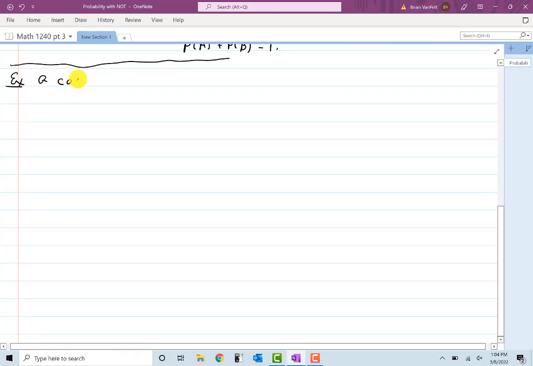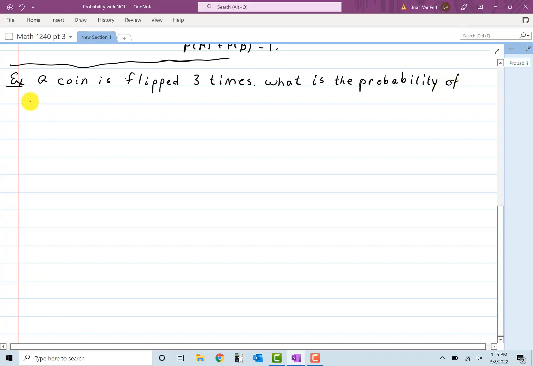A coin is flipped 3 times. What is the probability of exactly 2 heads?